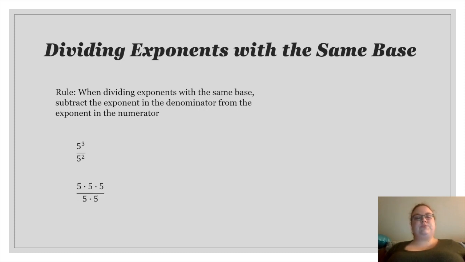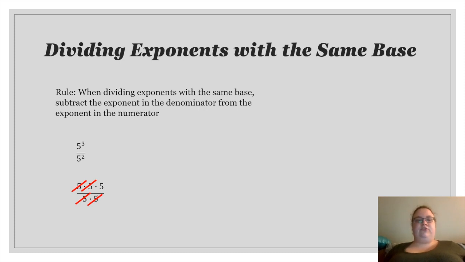So this expression can also be written as 5 times 5 times 5 over 5 times 5. And now we can see that some of our sets of 5s are going to divide out. You may have previously heard this as canceling out, but I like to avoid the term canceling in math as much as possible because I think it's important to remember that nothing in math ever actually goes away.